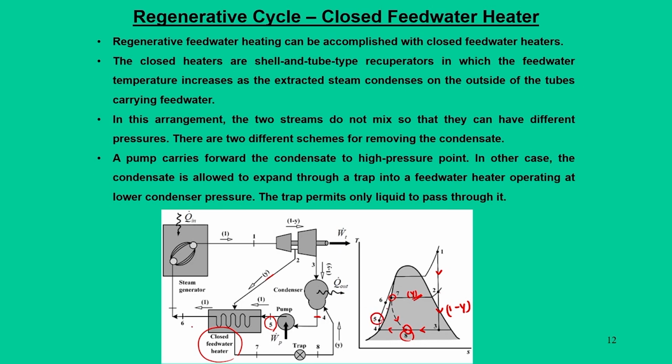And in this closed feed water system, from 5 to 6 and 6 to 1 is the heat addition process. So, what additional advantage do we get here? There is no extra additional pump. Only one pump, which is used in the conventional power plant, is sufficient to run this type of system.